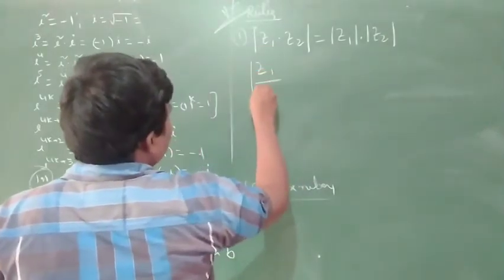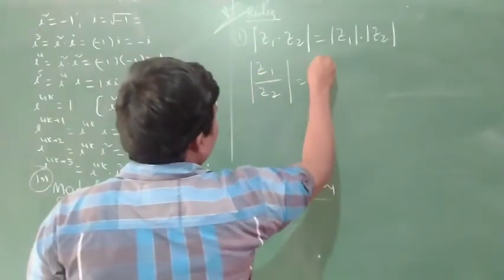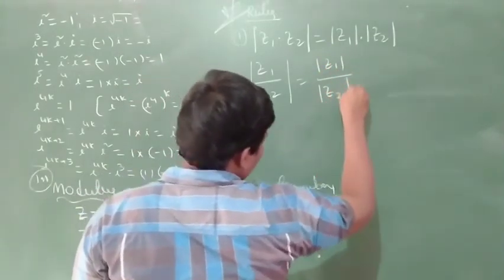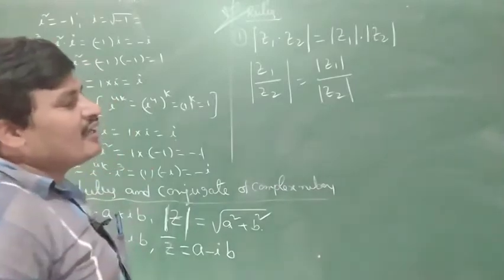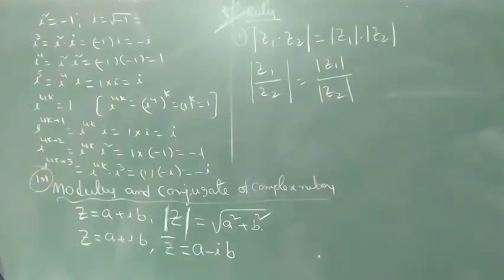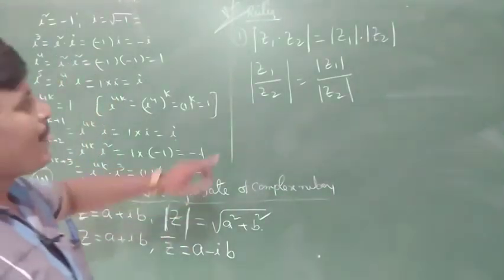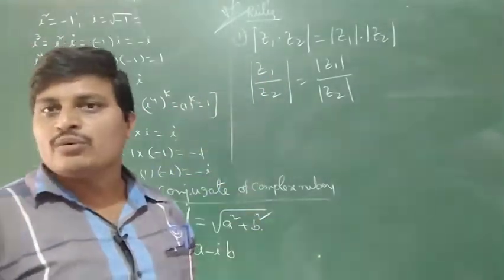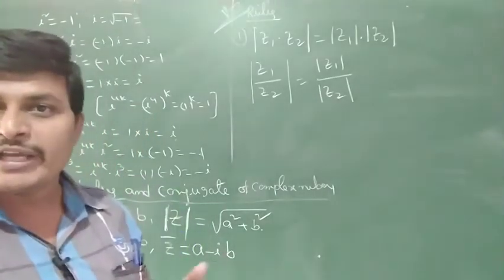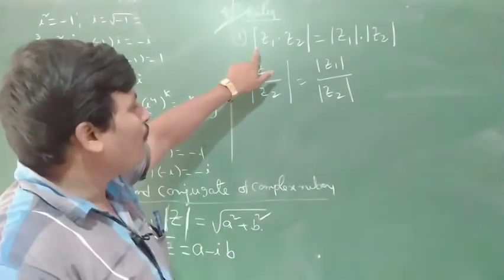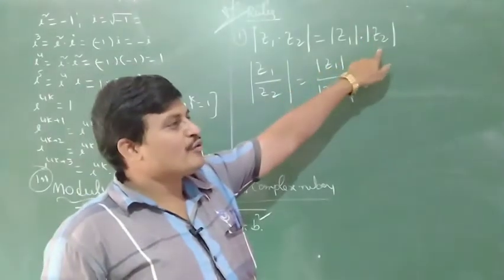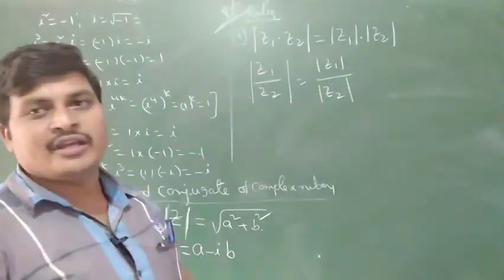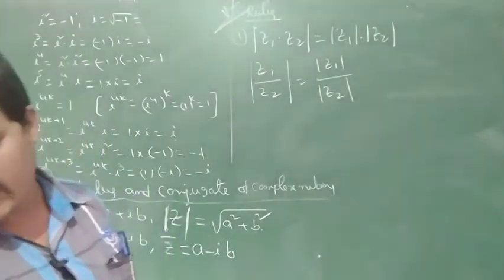Modulus of z1 by z2 is equal to modulus of z1 by modulus of z2. Yesterday we discussed root a into root b is equal to root of a into b, and root a by root b is equal to root of a by b. Here also the same: mod of a into b is equal to mod a into mod b, and mod of a by b is equal to mod a by mod b. This is the same type.